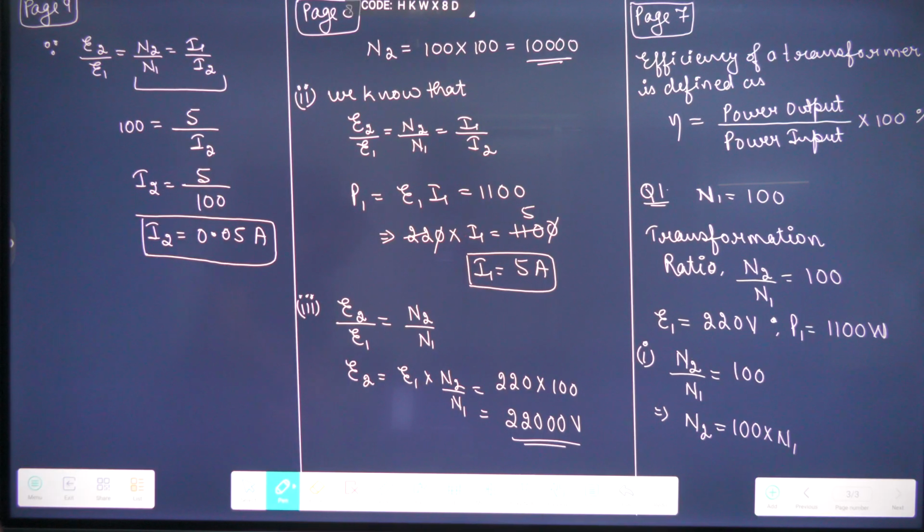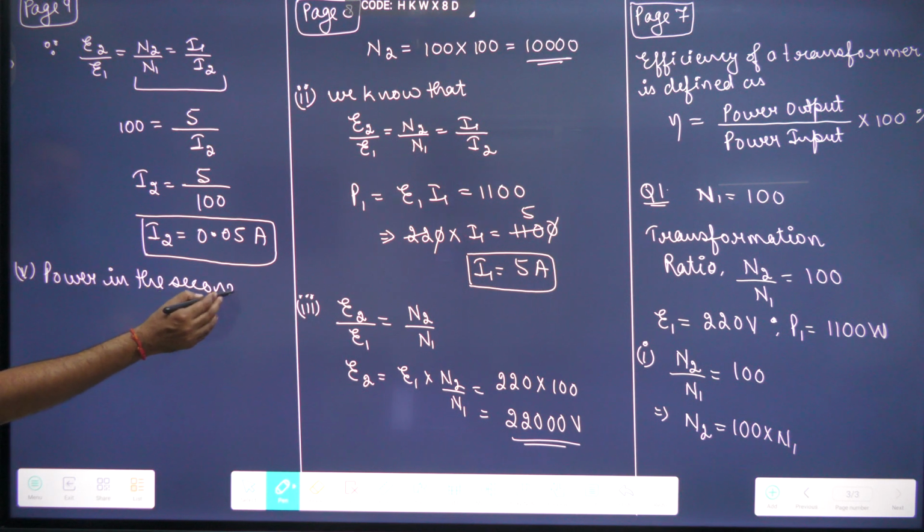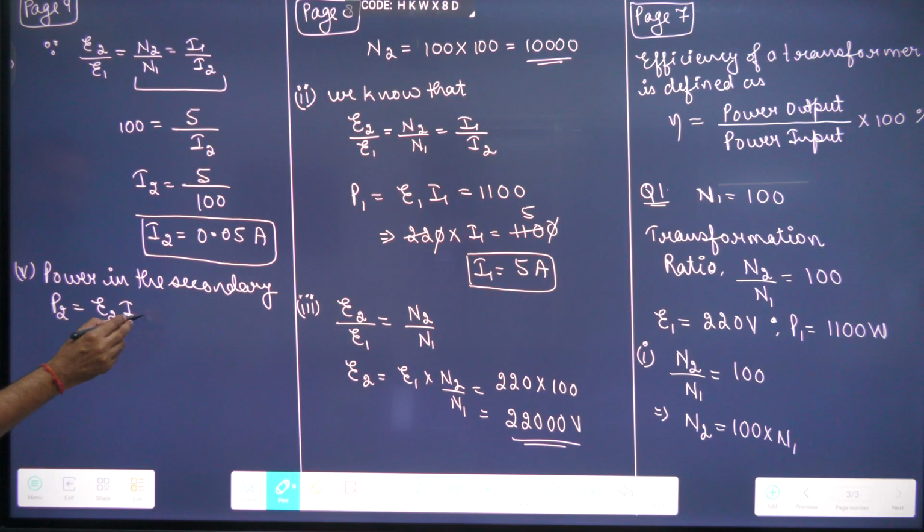And fifth, power in the secondary. Power in the secondary P2 is equal to E2 into I2. E2 is 22,000.